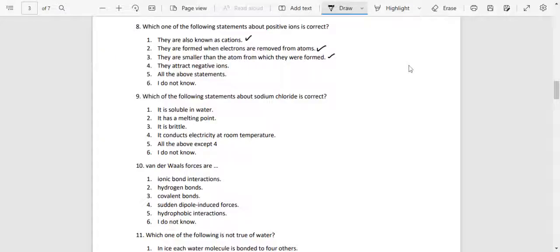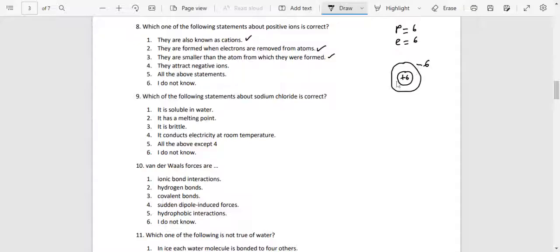This is also true. The reason is this: think of an atom that has, let's say, 6 protons and 6 electrons. We know that in a neutral atom, the number of protons and electrons are the same, meaning that in the nucleus of this atom we have positive 6, and then the electrons are around in the shells, so we have negative 6.